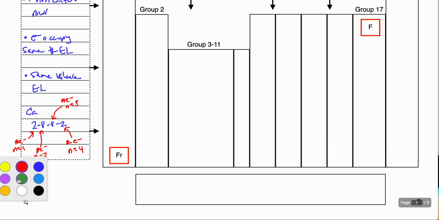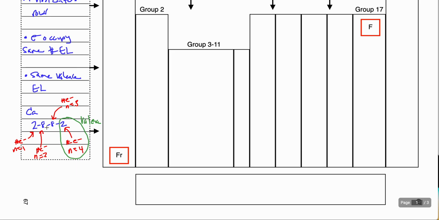Because 2 is the last digit in calcium's electron configuration, this is the valence information. Calcium has 2 valence electrons and they are in energy level 4.